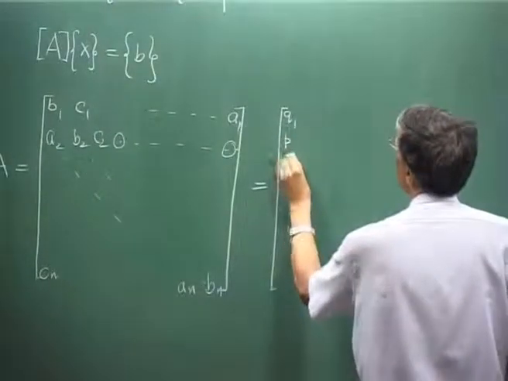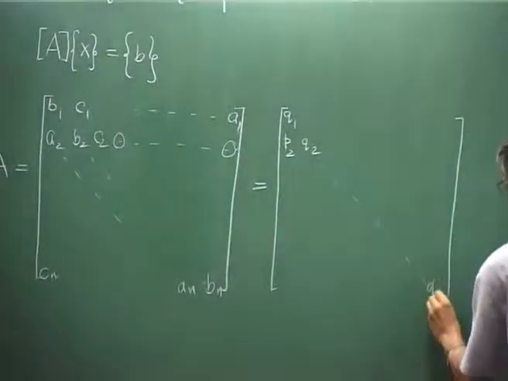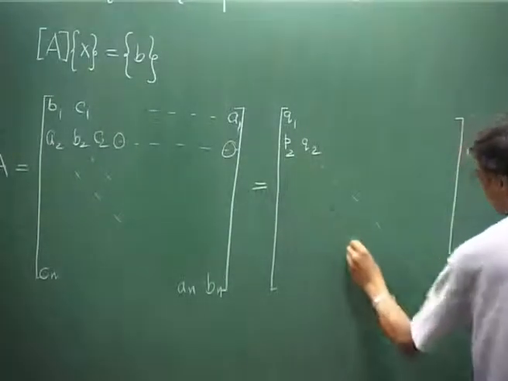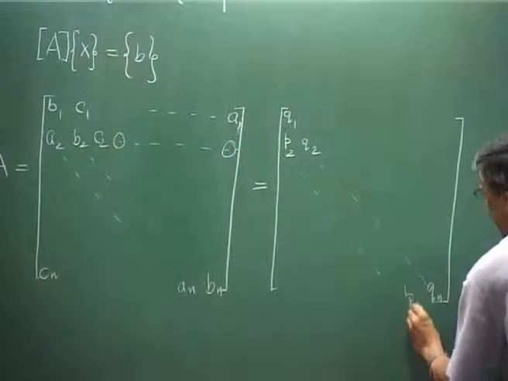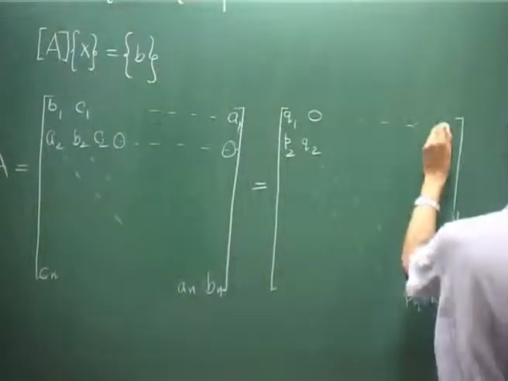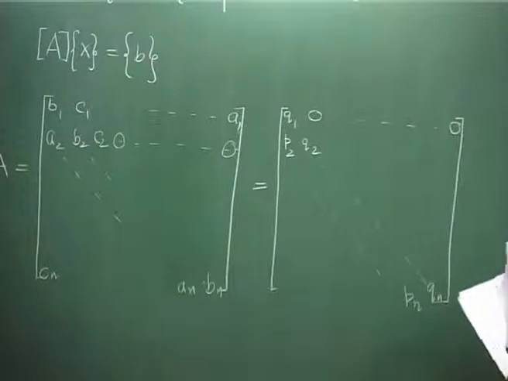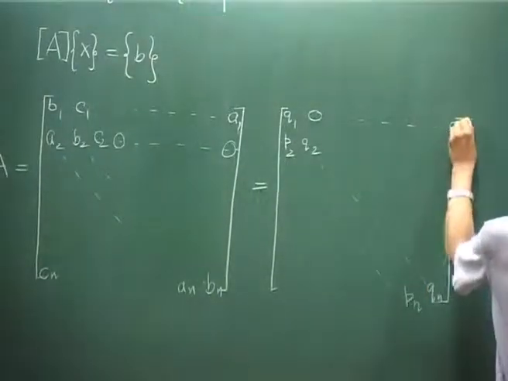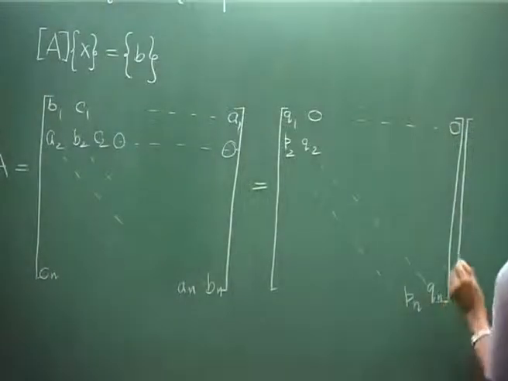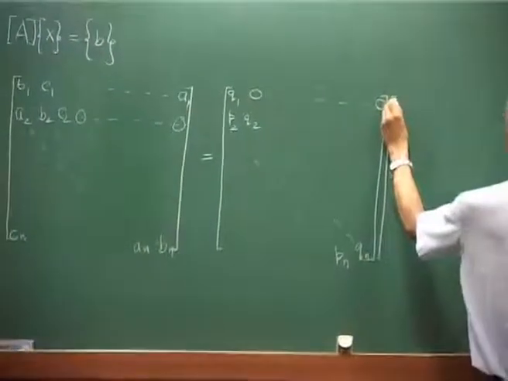Let me first write, then we will discuss why we write the way we are writing. And of course, here on we have zeros, and I will leave something blank in the last row, but let me first write down the matrix and then you will understand why we are doing what we are doing.